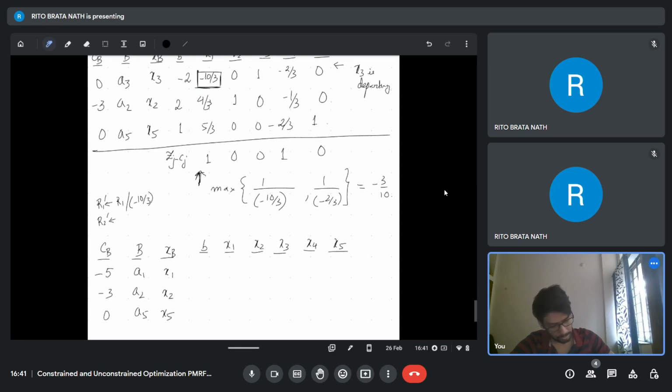R2 prime will be R2 minus, rather it should be 4 by 10. That's 4 by 10 times R1. And R3 prime is nothing but R3 minus, or rather it should be again plus 5 by 10 if I'm not mistaken.